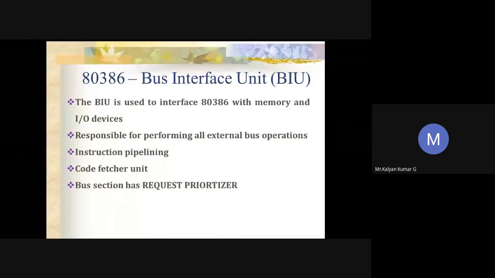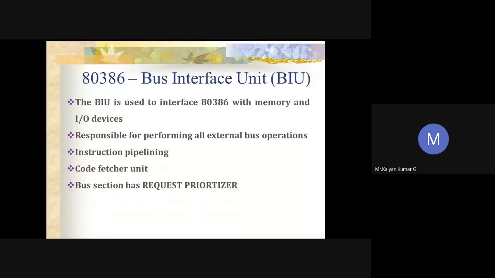In the case of multiprocessor configurations, where you have n number of processors or devices available, there may be requests for the bus from many devices. At that time, you can prioritize the requests. For that purpose, we have a separate bus request prioritizer.